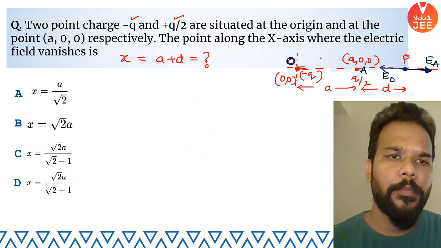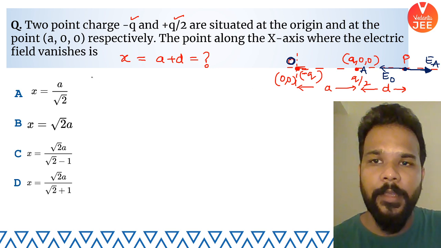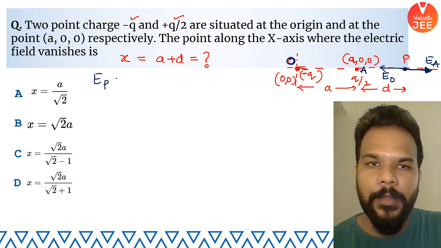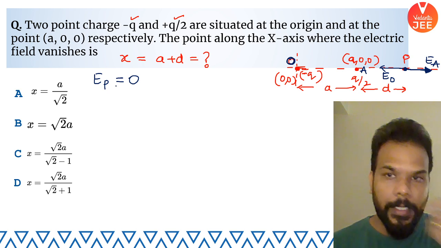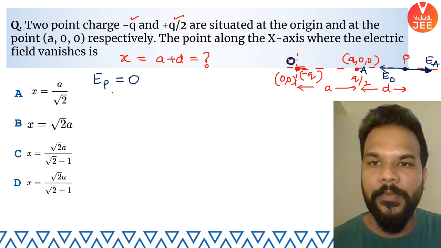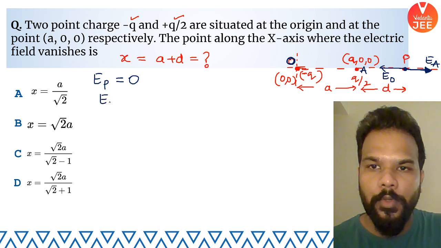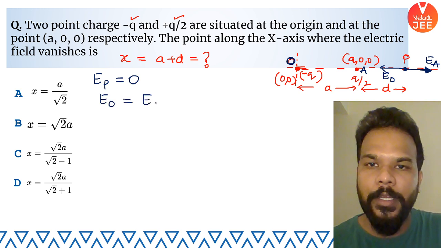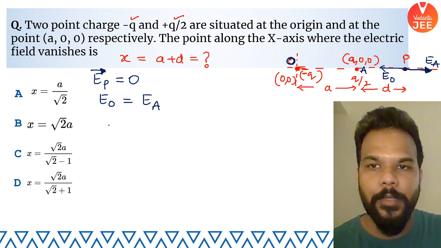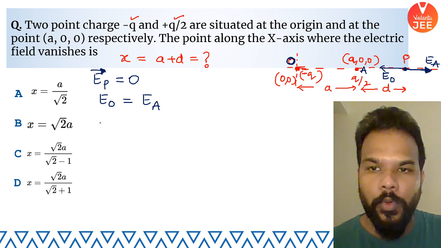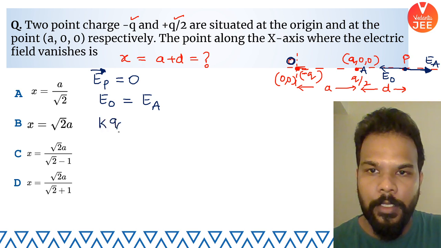Because we are talking about this point P having no electric field, we can say that the electric field at P will be 0. And that is possible when both the electric fields are balancing or cancelling out each other. So E due to O should be equal to E due to A, then only the electric field vector at P will be 0. So E due to O is kq by (a plus d) square.